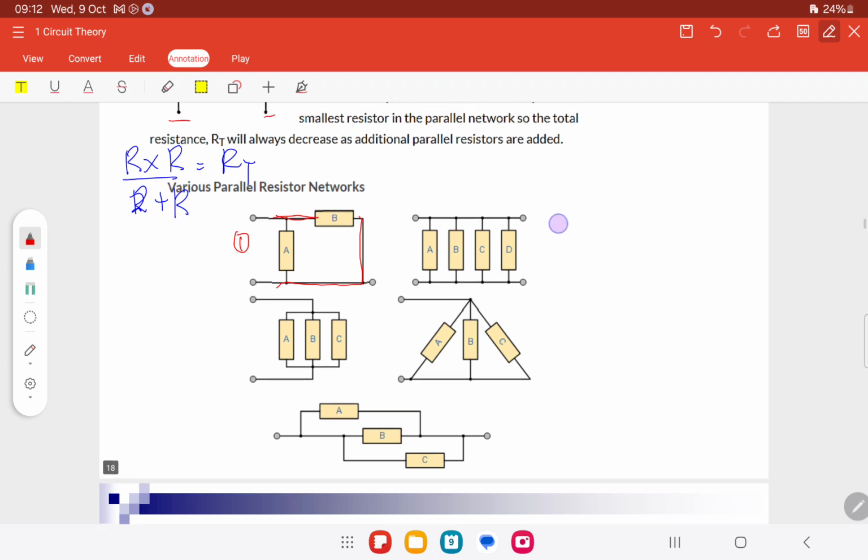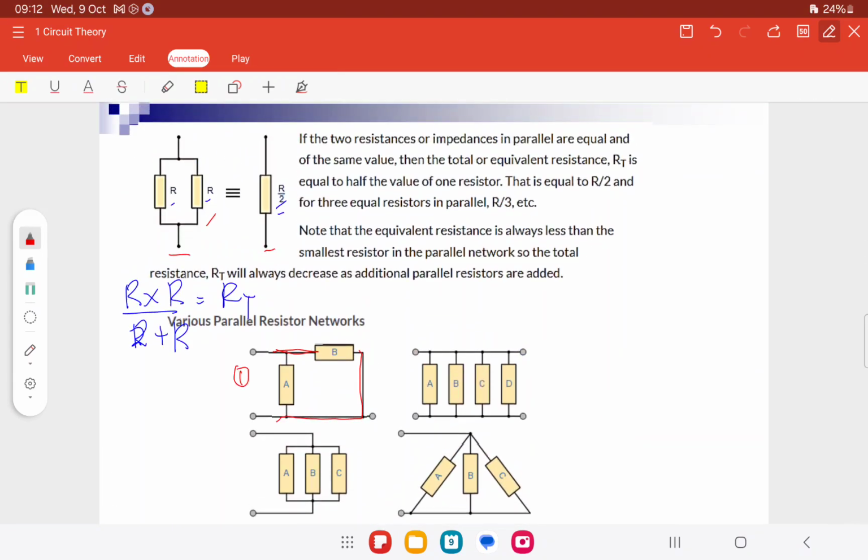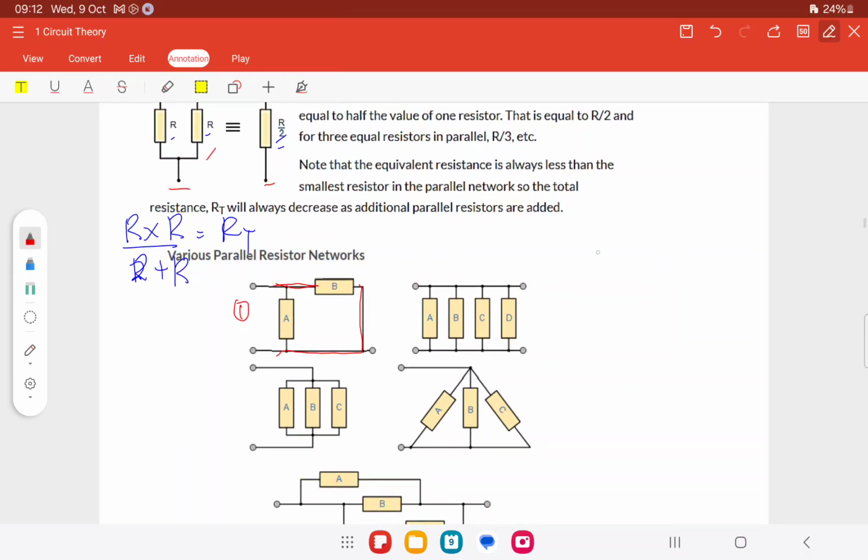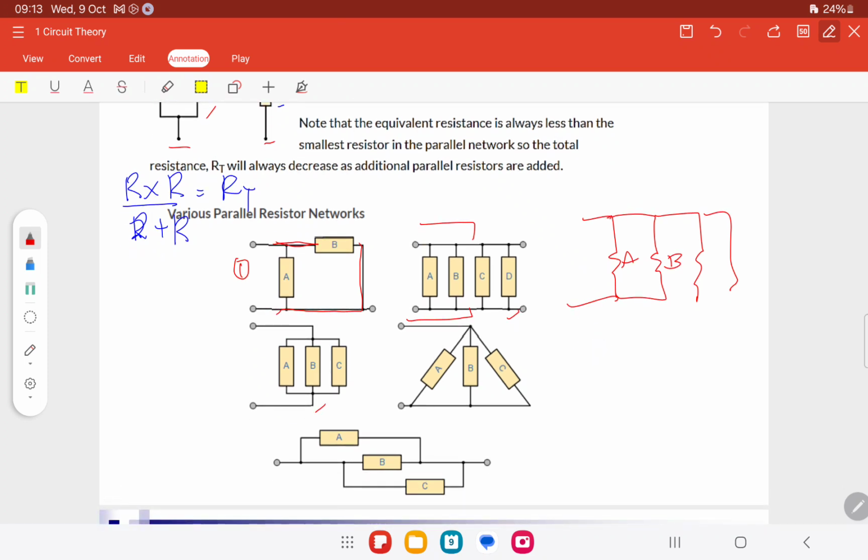So this is actually sama dengan yang ni, ataupun simply macam tu, kan? A and B. Same goes for this one. Kalau dia tambah lagi banyak. And also this one boleh tarik macam ni juga. Sama je. Okay.